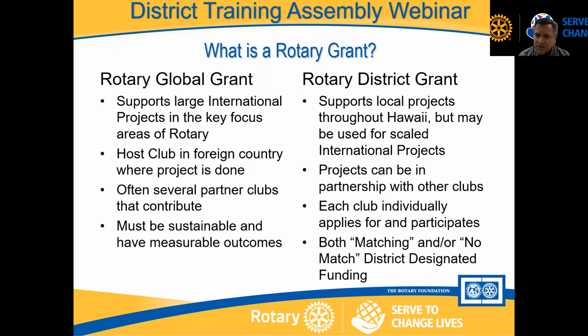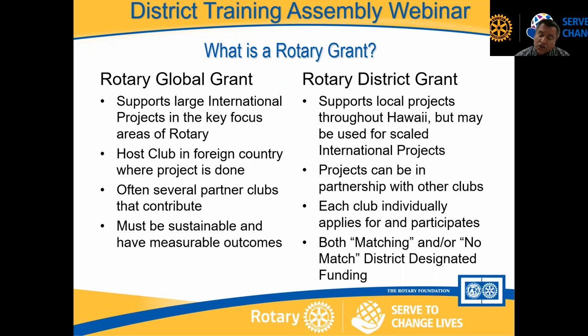We're talking about the district grants. These are the grants that support local projects right here in the state of Hawaii. And they also can be used for smaller scale international projects. You can partner with other clubs. I know that this past Rotary year, lots of clubs got involved in tree planting together. And so that's a wonderful project where lots of clubs pitched in.